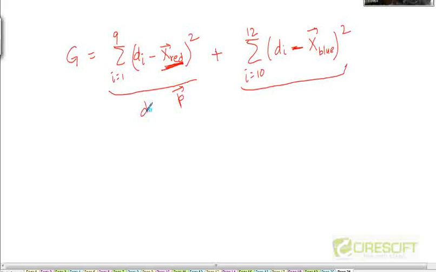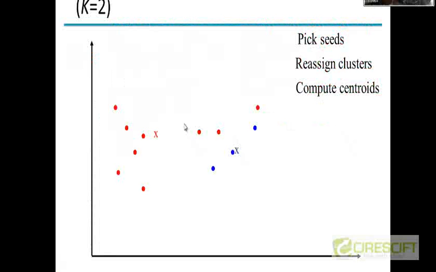If I were to compute the sum of the squares of the distances between all the red points and an arbitrary point P. So P could be the centroid, it could be located here, it could have been located here, here, or here.